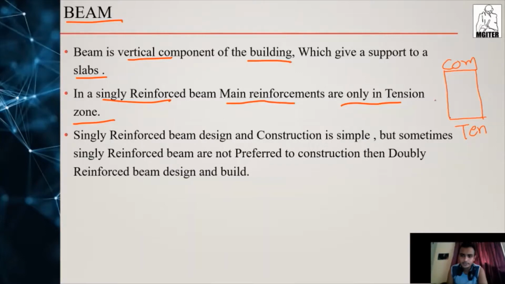Here is the compression zone in the top portion and the tension zone in the bottom portion. So the main reinforcement is in the tension zone. This type of beam we call a singly reinforced beam.